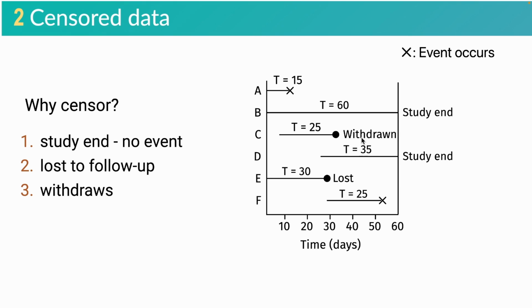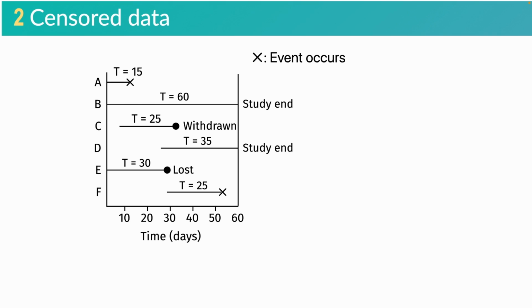For example, Z is a withdrawal patient. In this study, there are 6 persons, and we know the time until the event occurs for person A and F, and you can see the cross is a symbol to show the event occurs.